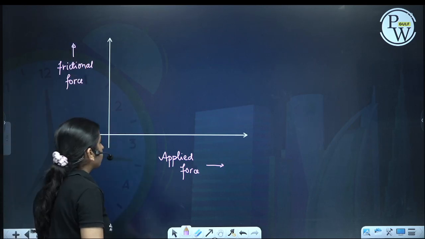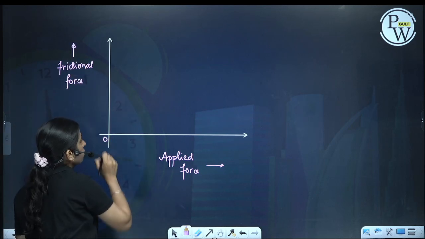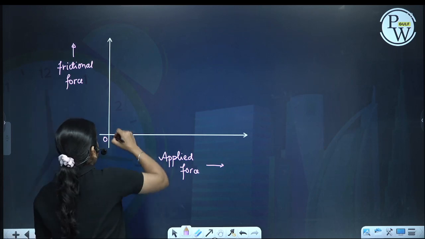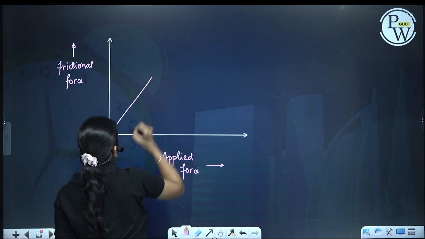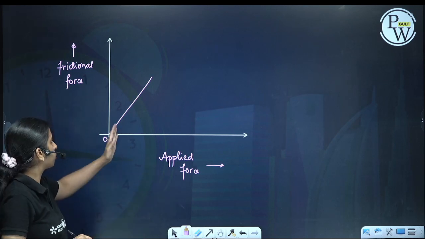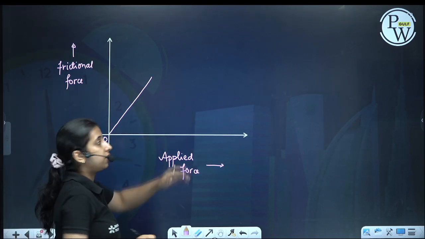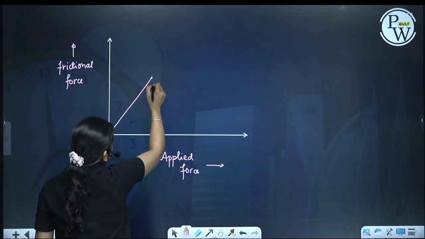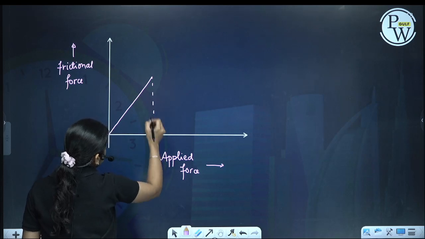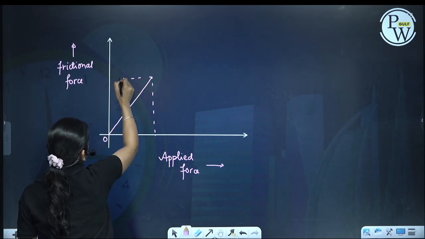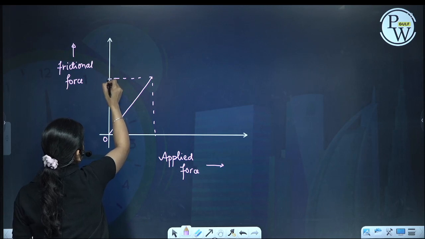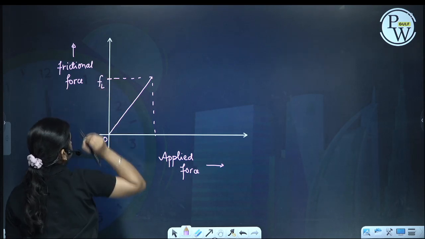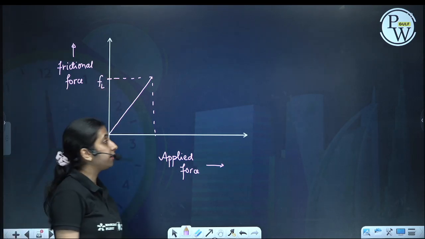First, if you don't apply any force, frictional force will be 0. Then as you apply a force of 1 Newton, frictional force will be 1, 2, 2, 3, till we reach the maximum value. This is the limiting friction.